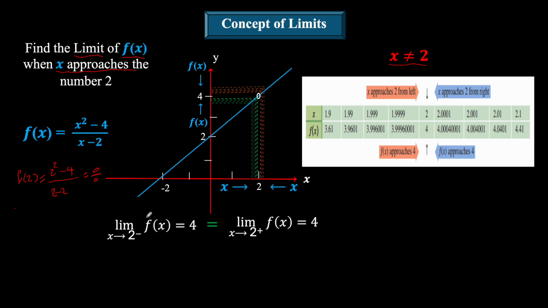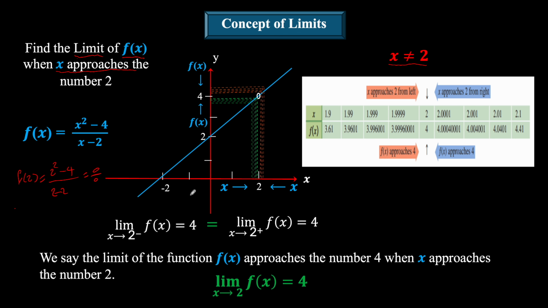And the limit as x approaches 2 plus, where plus means from the right side, of f of x is equal to 4, okay? So the limits from the left side and from the right side are equal, so we say the limit of the function f of x approaches the number 4 when x approaches the number 2, okay?